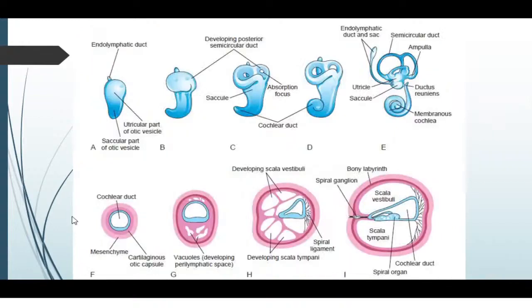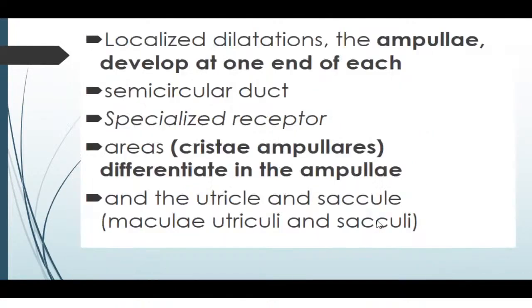And we have seen how it forms: the endolymphatic duct, cochlear duct, sacculus, and utriculus. The cochlear ducts start to spiral inside the bony labyrinth, and we have seen the formation of the membranous labyrinth. Okay.